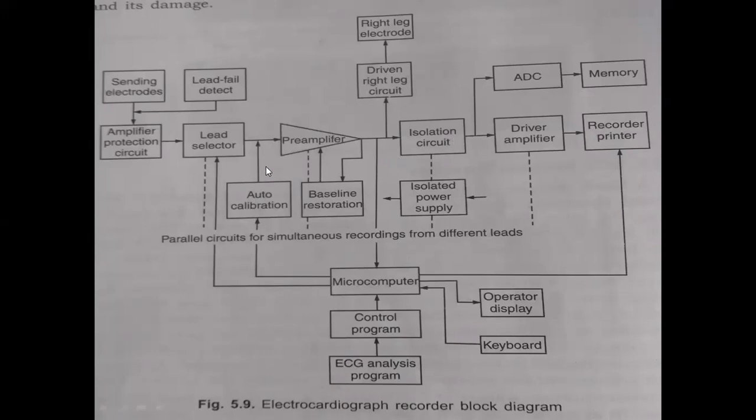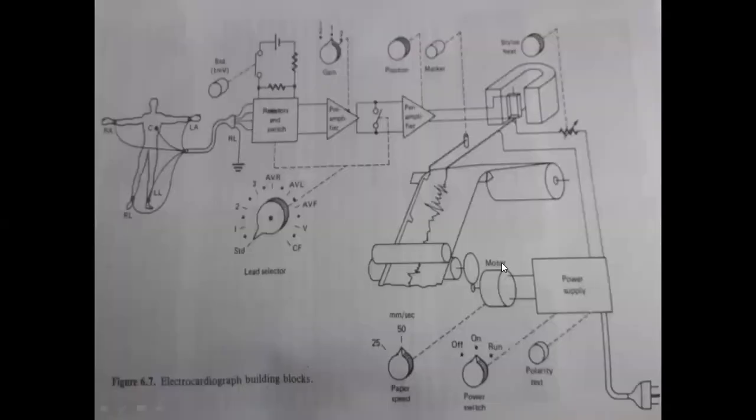Another one is baseline restoration. This particular block makes a graph, and the pointer will be at the baseline of the graph sheet. Here this is the pointer, it is a pen.